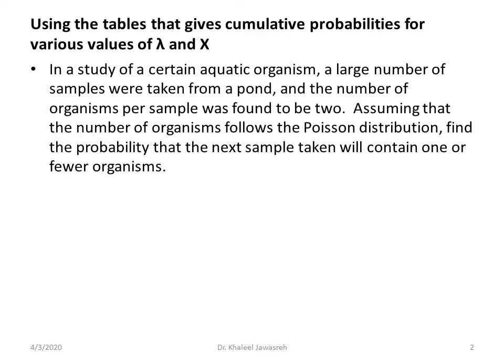In a study of a certain aquatic organism, a large number of samples were taken from a pond, and the number of organisms per sample was found to be 2. Assuming that the number of organisms followed the Poisson distribution, find the probability that the next sample taken will contain 1 or fewer organisms.